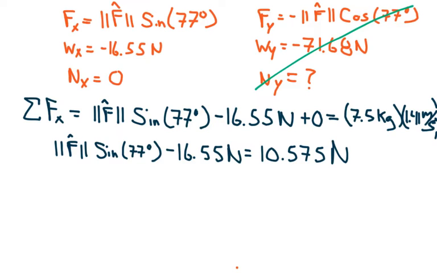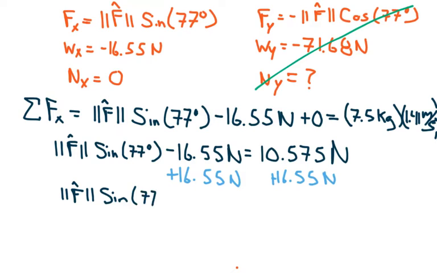Now I'm going to add 16.55 newtons to both sides, and I find that the magnitude of F times sine of 77 degrees is equal to approximately 27.125 newtons.